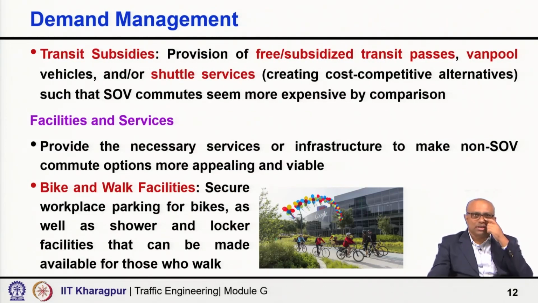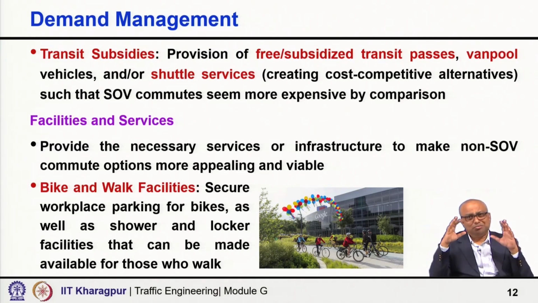Second, transit subsidies. Maybe provision of free or subsidized transit passes, van pool vehicles and or shuttle service, creating some kind of cost competitive alternatives, such that the SOV commute seems to be more expensive by comparison.